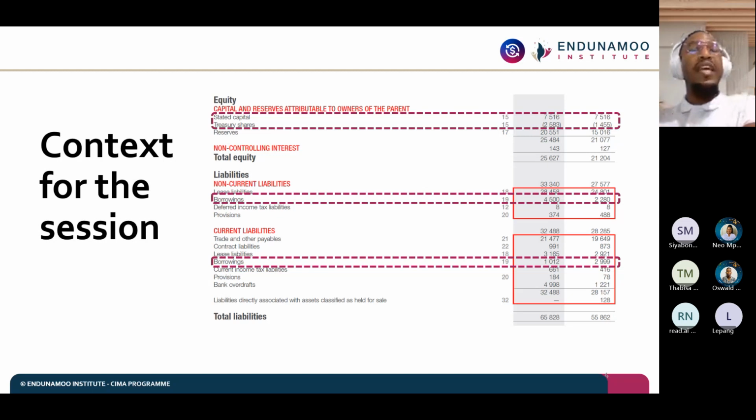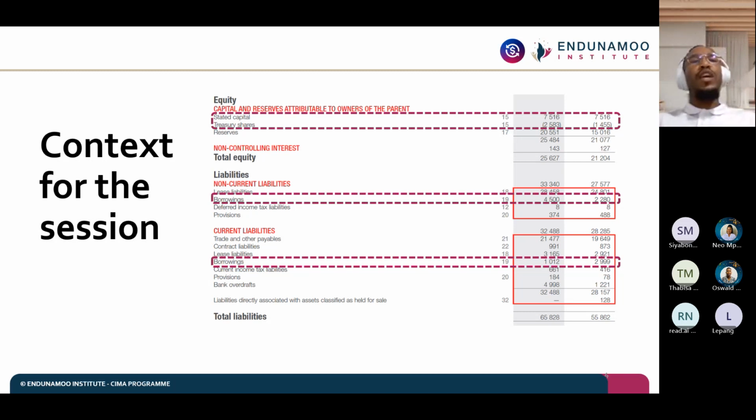Within the equity part, you would find stated capital and treasury shares as classes of financial instruments. Further down, under your non-current liabilities, you would find financial instruments such as borrowings, which would then be split into their current portion as well as their non-current portion.